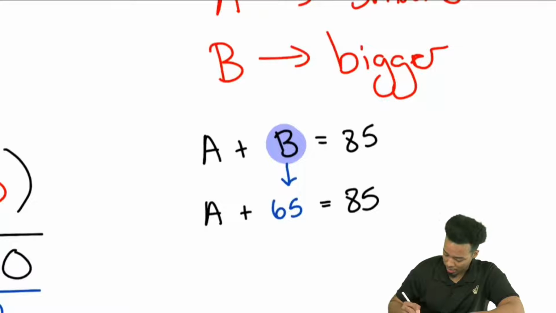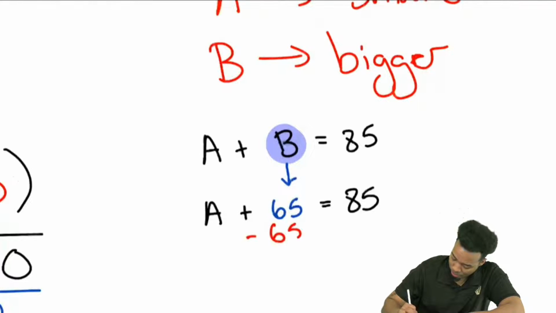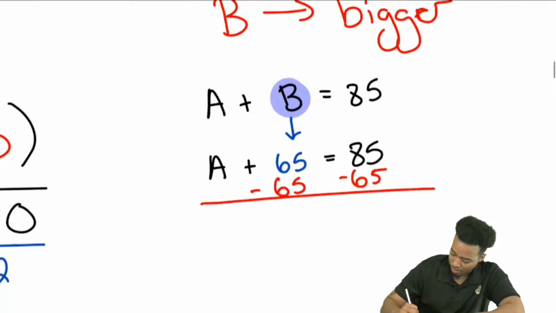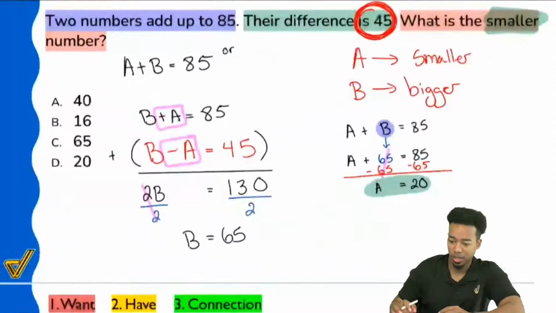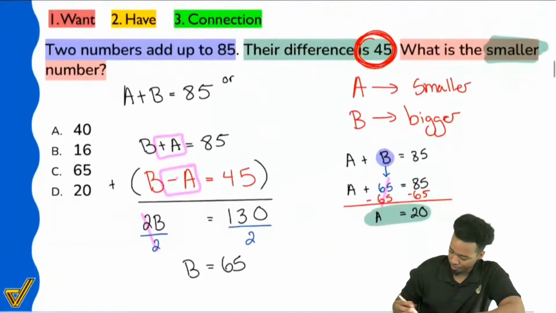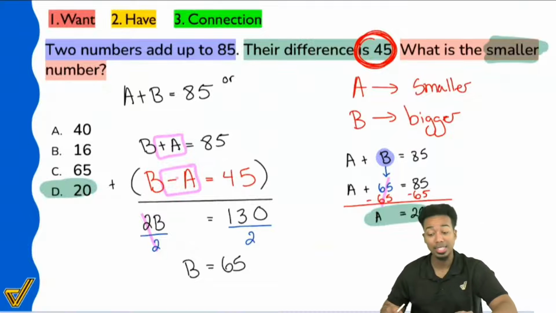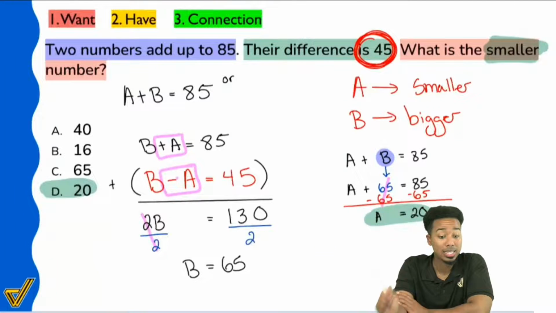So once we take away the 65 from both sides, we end up getting a equals 20. That is our correct answer. That is how we know we're done. And D would be the answer here. Not C, not 65. It would be D, 20.